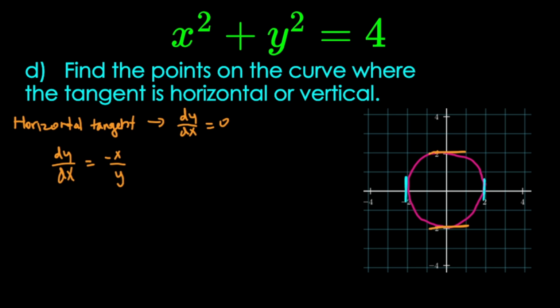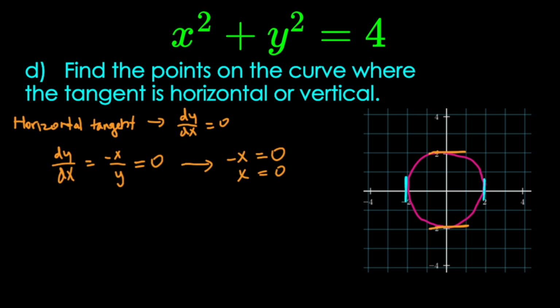If you understand fractions, you'd know that every fraction that ever equaled 0 equals 0 only because the top equaled 0. There's no other way to get a fraction that equals 0 other than the numerator equaling 0. So if this result is supposed to equal 0, that means that negative x, the numerator, has to equal 0, or that x equals 0.